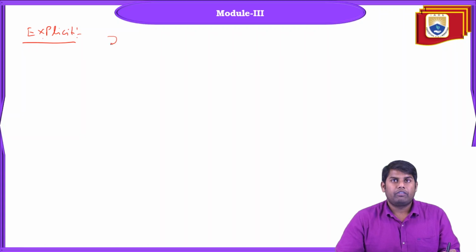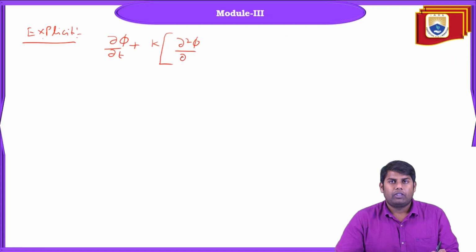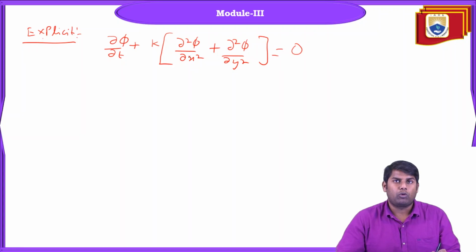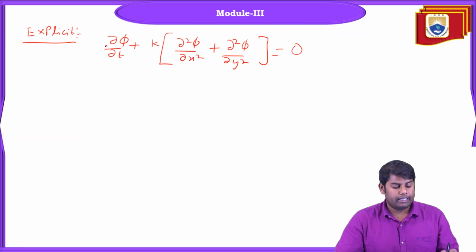For the explicit method, we'll solve this equation, which is ∂φ/∂t plus k into ∂²φ/∂x² plus ∂²φ/∂y² is equal to 0. We will solve this equation using the explicit approach. So how do we solve first? For the time derivative term, let us write down, since it is two dimensional, so basically it is 2D.